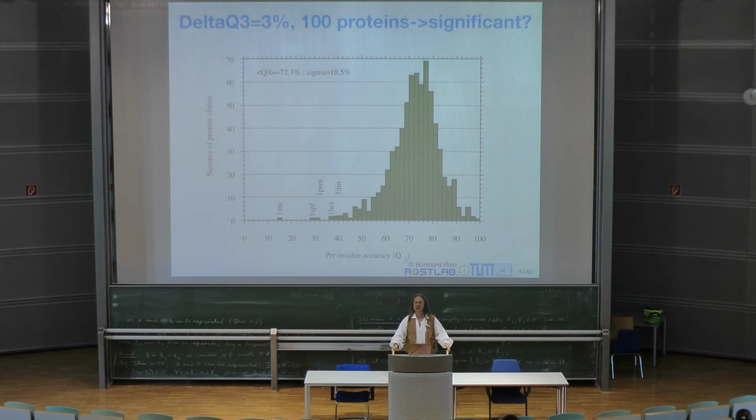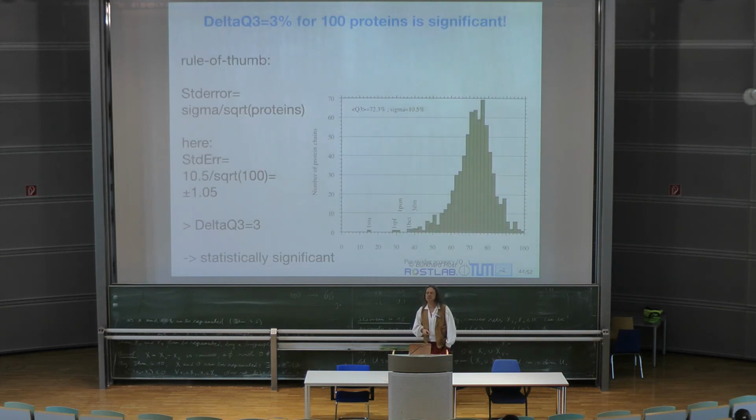How does that translate to standard error? The rule of thumb is you take the standard deviation and divide by the square root of the number of points, here the number of proteins, and you get the standard error, which in this particular case is plus minus 1. So this plus minus 1 would give you 90% of the distribution.